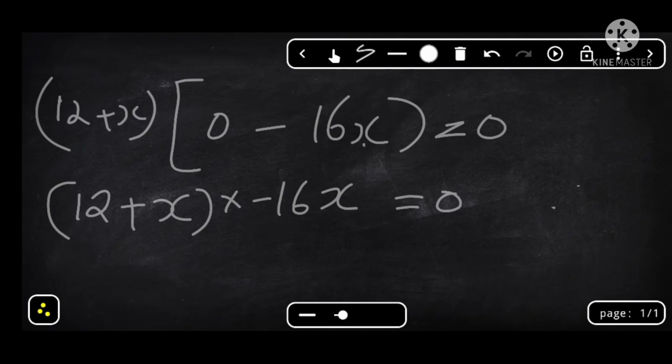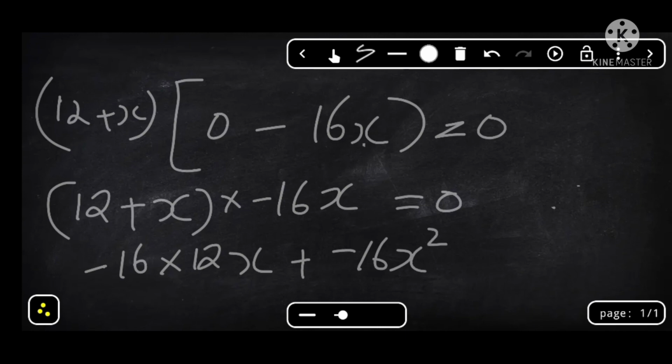Okay. So this is going to be minus 16 into 12x plus minus 16 x square equal to 0.